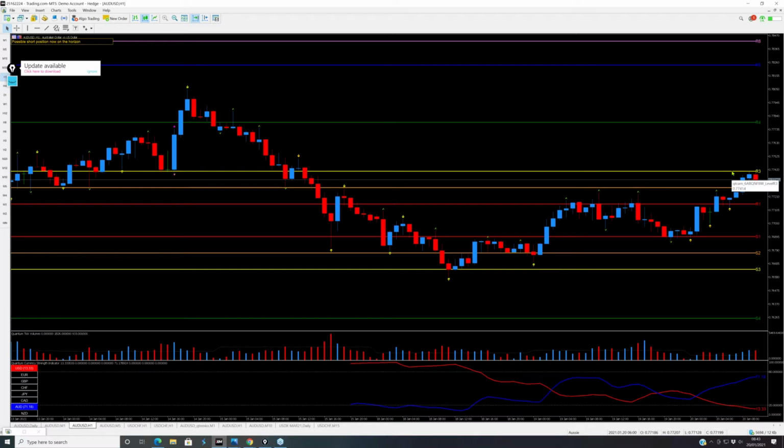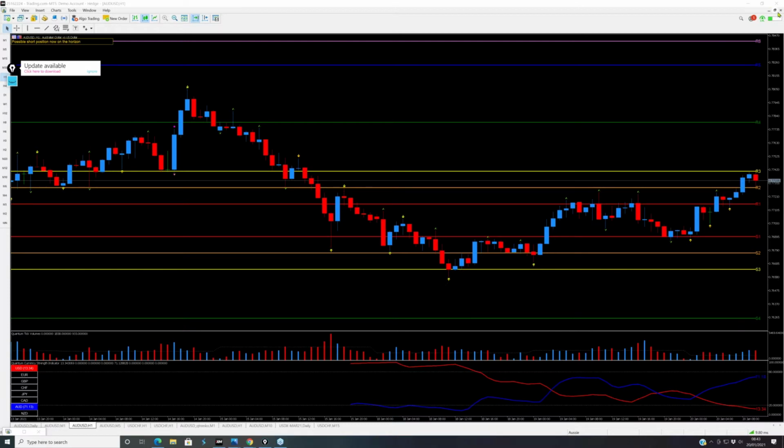What often happens is the price will actually reverse from this level, and it will often deliver a straight reversal, or certainly an opportunity to take a trade, certainly on the faster time frames.